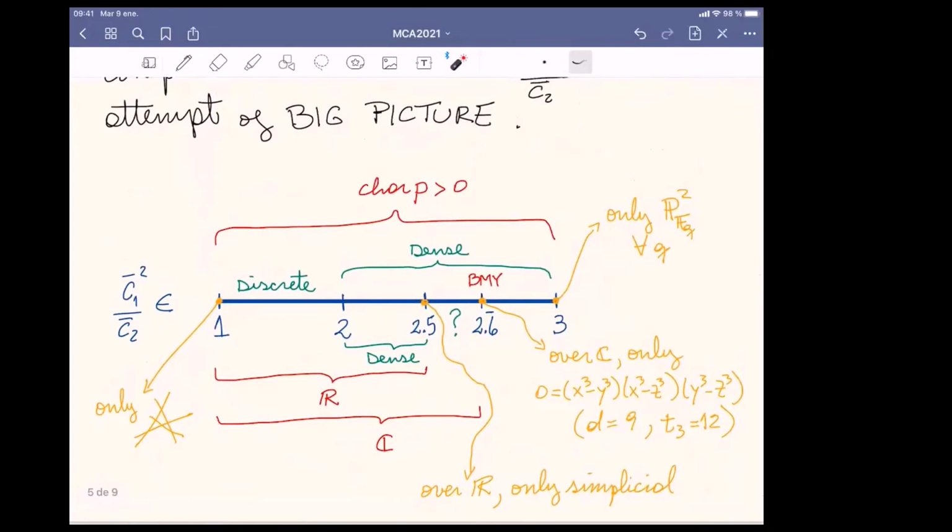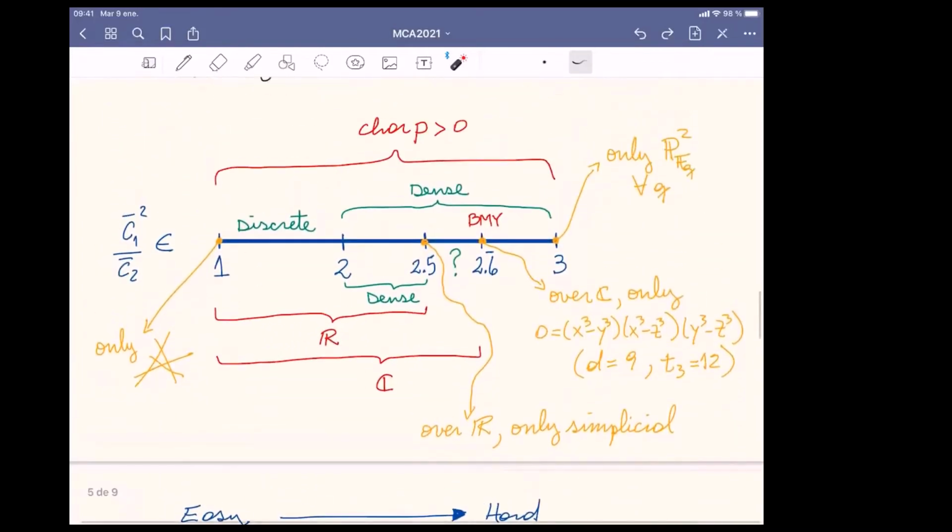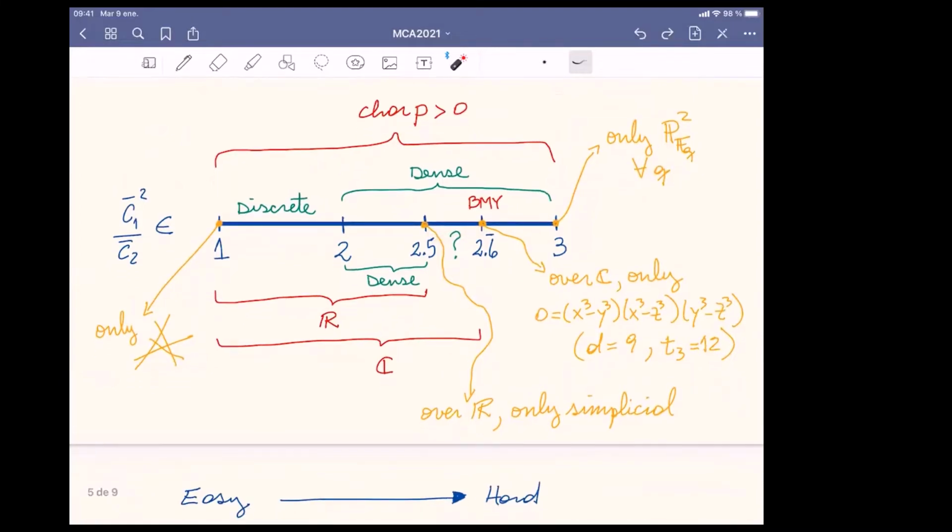That is combinatorics. And for characteristic 0, or for the reals, for example, you can prove that they are dense between 2 and 2.5. But the problem here is what happens with the imaginary arrangements, the ones that are really complex. Here we don't know the picture between 2.5 and 2.6 periodic. We don't even have an accumulation point. And what I think is that maybe it is discrete, like discrete here and discrete there. But we don't know. That is open.